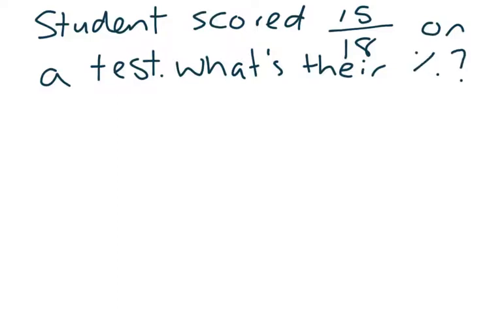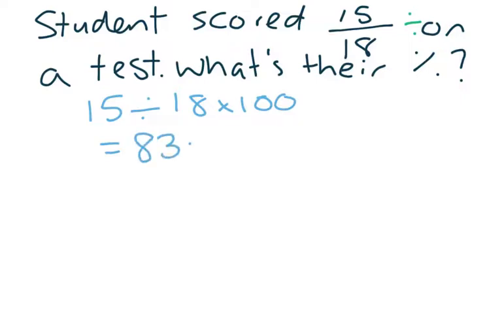So again, they've scored 15 out of 18. Remember, this fraction line is a divide. So that tells us that we need to do 15 divided by 18, and then we multiply it by 100, which to one decimal place gives us 83.3%. So this person scored 83.3% on their test.